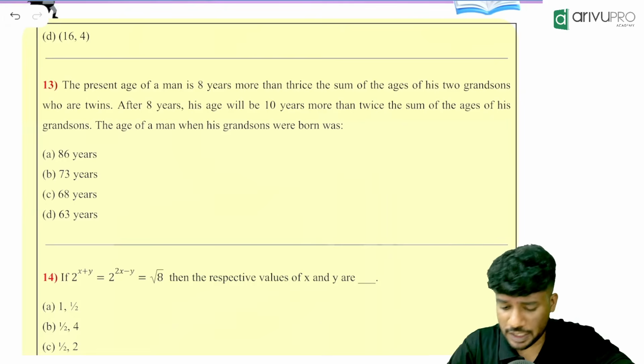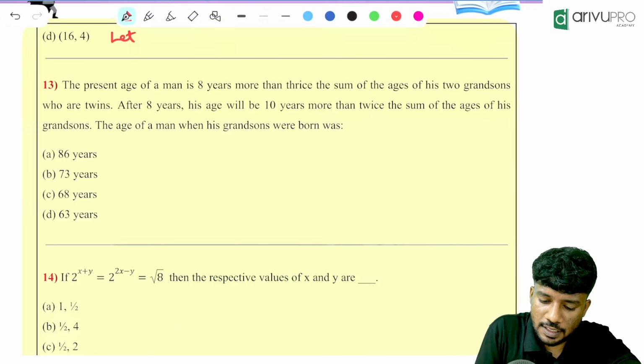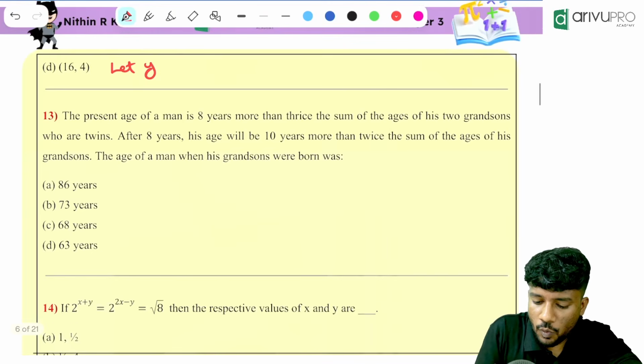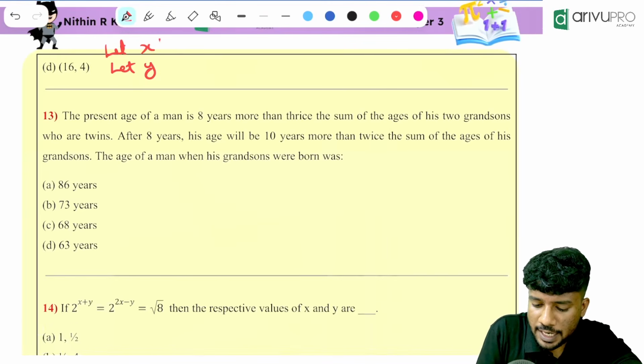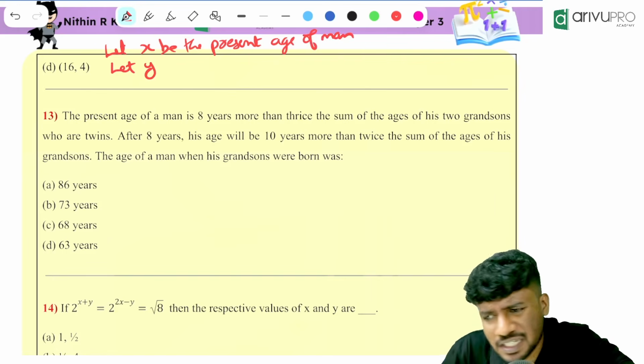So can I say, let X be the present age of the man. Okay, I am assuming what? X is the present age of the man.